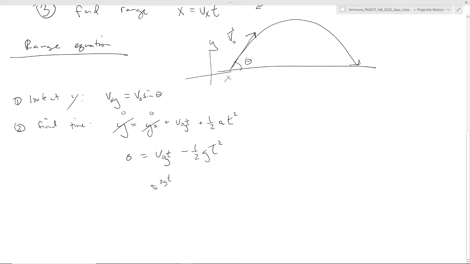Or sorry, notice there's two solutions. There's one immediate solution. t equals 0 would cause both sides of this to be 0, and that would be the instant before you throw it. So that's one solution. So let's divide out one factor of t, and then solve for the remaining t.